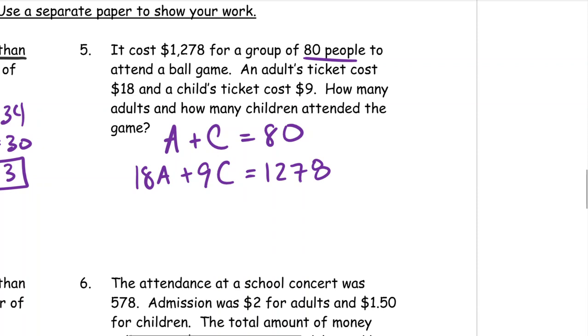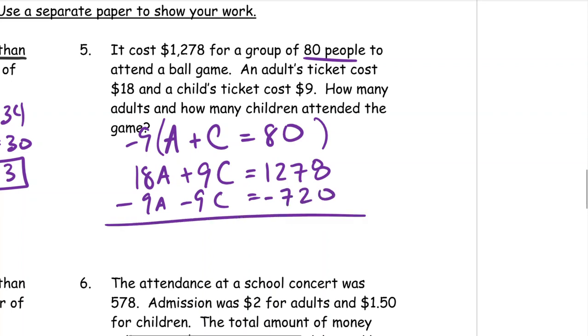Let's multiply the top equation by negative 9. So we get negative 9a minus 9c equals negative 720, right?